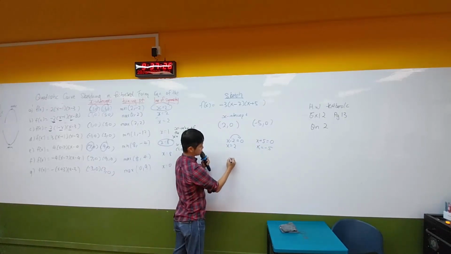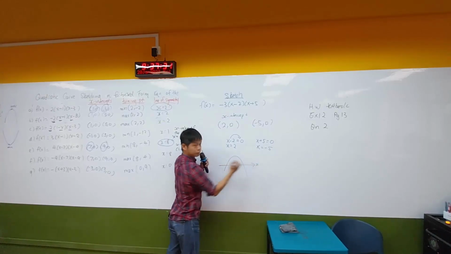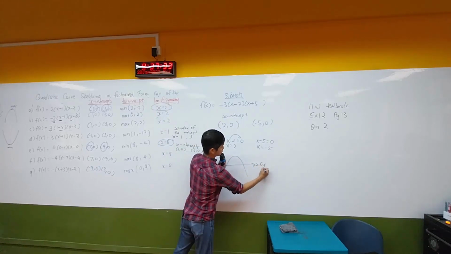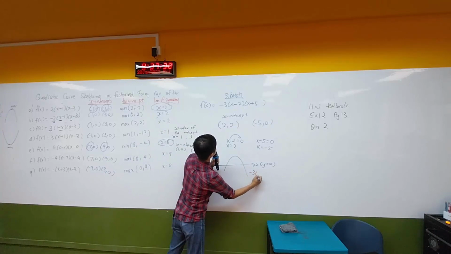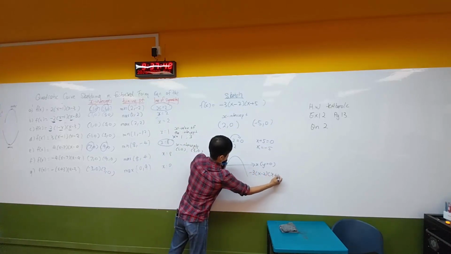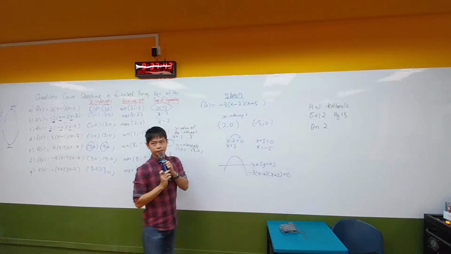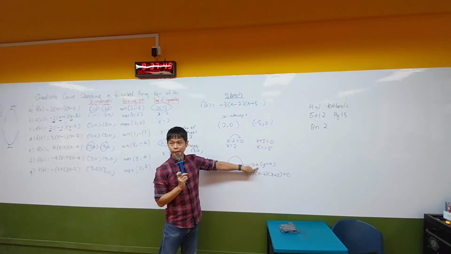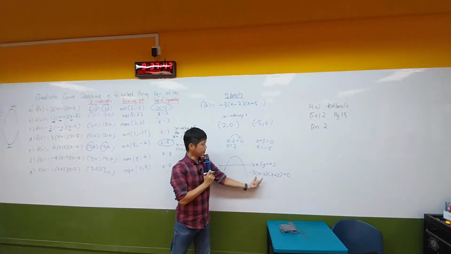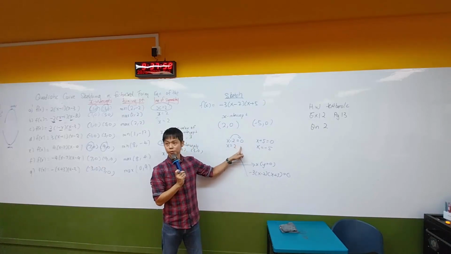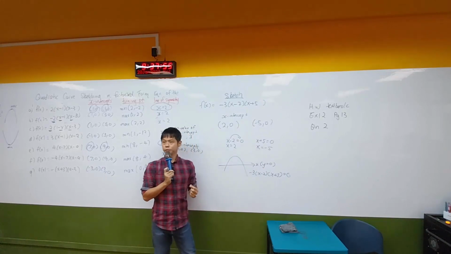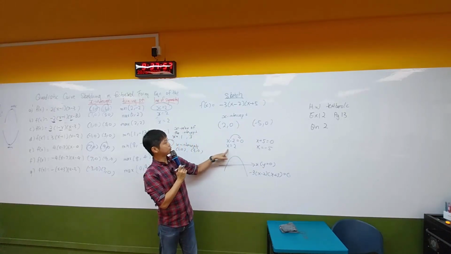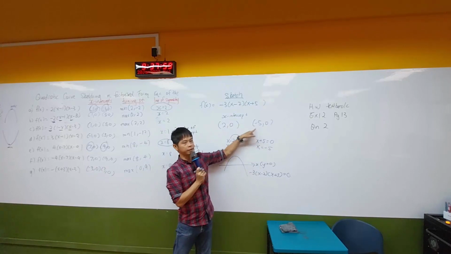Now, when something cuts the x-axis, let's say this is an N shape, it cuts the x-axis. The equation of the x-axis is y equals 0. So if I have this equal to 0, because y equals 0 on the x-axis, it means that x minus 2 must be 0, or x plus 5 must be 0. Solving it, x will be 2, x will be -5.